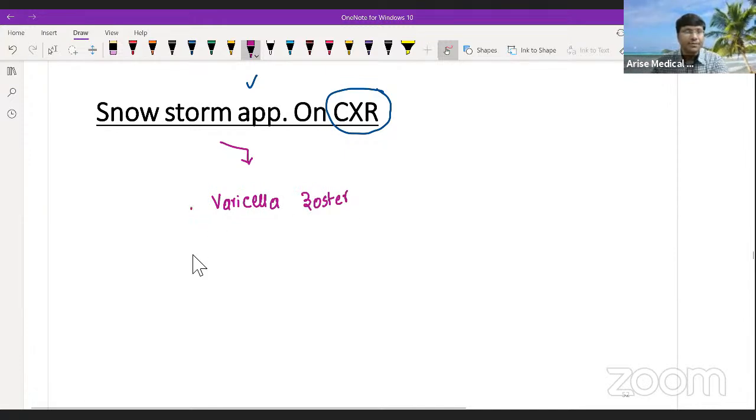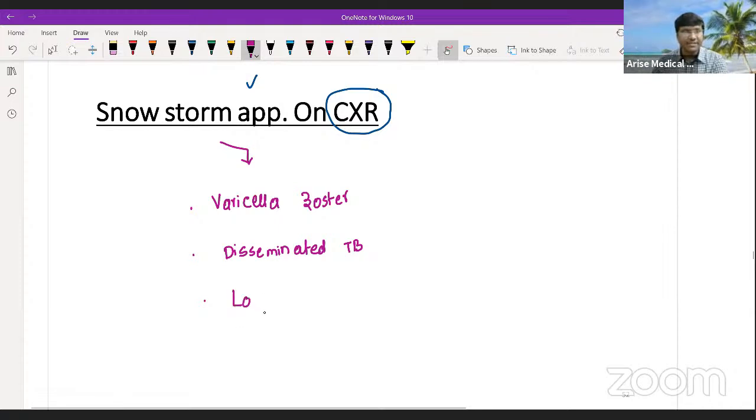Number two, disseminated tuberculosis, which is nothing but miliary tuberculosis. Miliary tuberculosis and disseminated tuberculosis are one and the same.